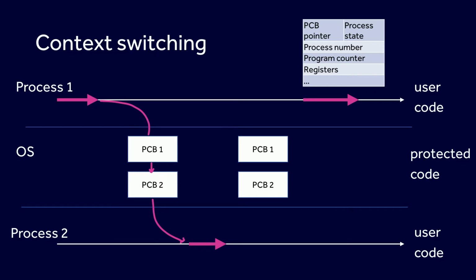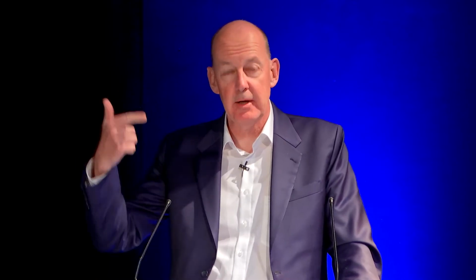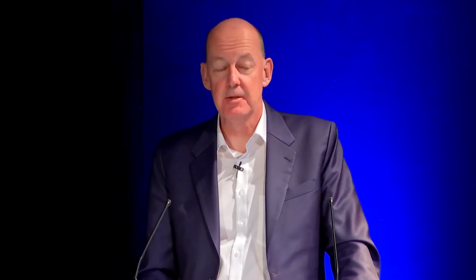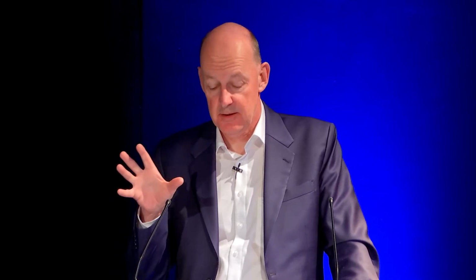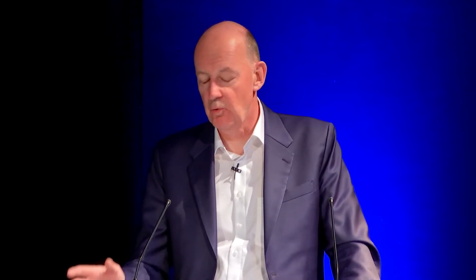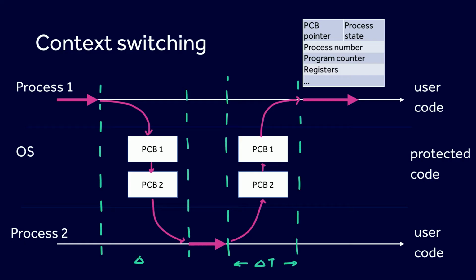There are some design decisions about what you need to save, but in essence, what you normally save is where am I in the program that's running, and the state of the central processing unit as you have an interrupt. So that would be all of the registers, all of the local memory, and so on. And then in comes the switch back. So all very simple.